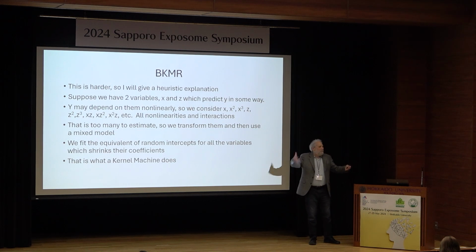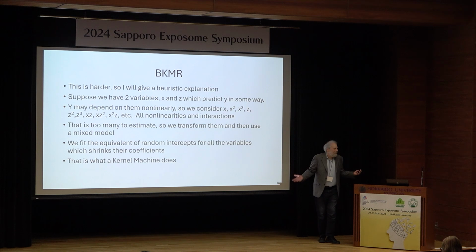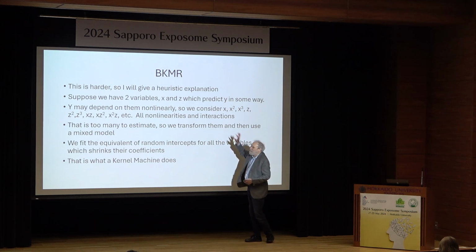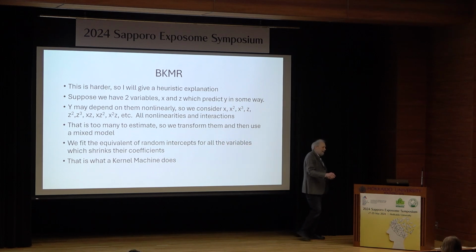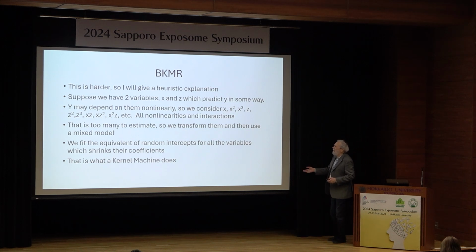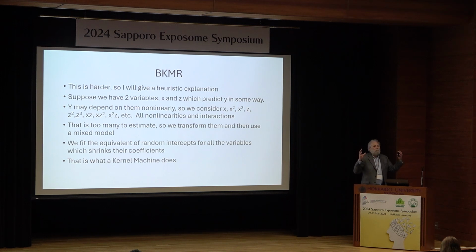And that's true for every measurement you make compared to the average, right? So we have a random intercept for each of these variables. And that is a way to create a method for putting all of these exposures in together and getting an estimate that doesn't have to be linear and can incorporate interactions for the effect of the mixture.